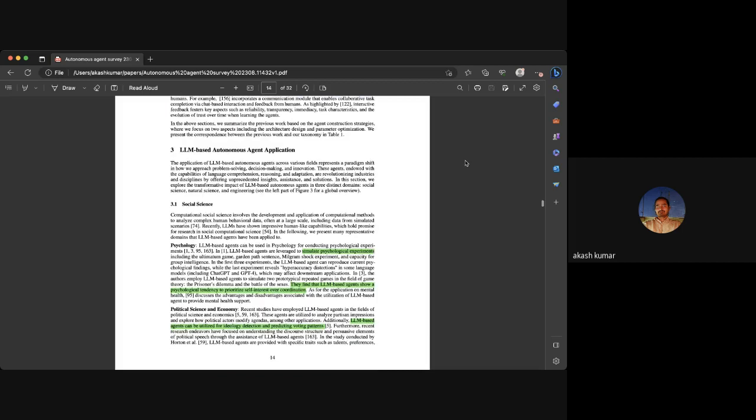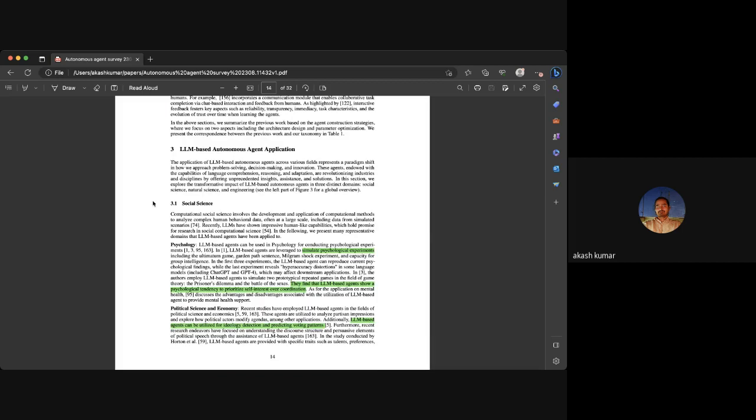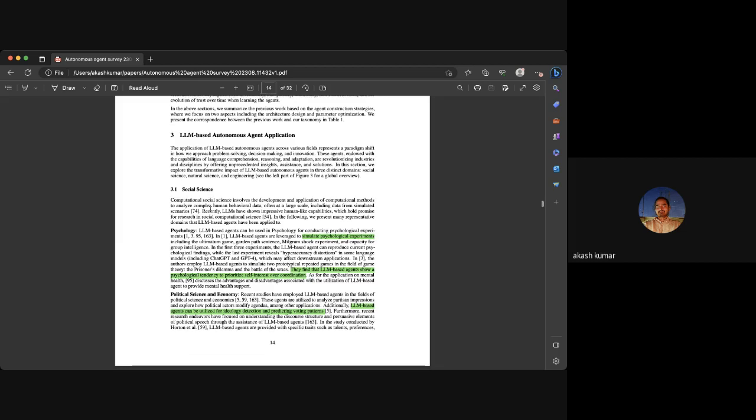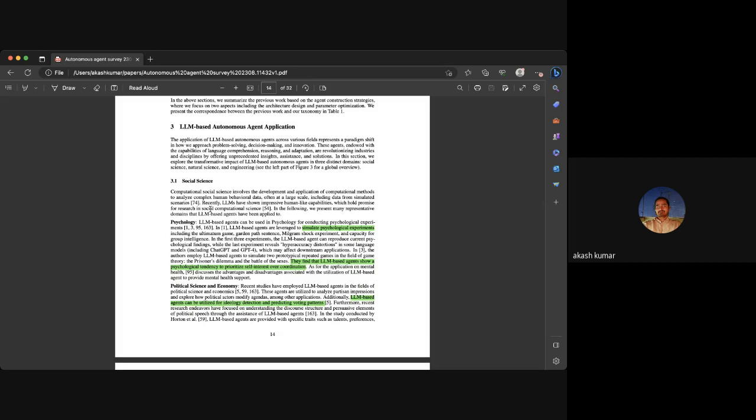So first of all, these new LLM based autonomous agents are being used everywhere that we know of, in any industry. The basic intelligence provided by these LLMs is being used in each and every industry. This survey paper focuses on the different fields where it is currently being used.